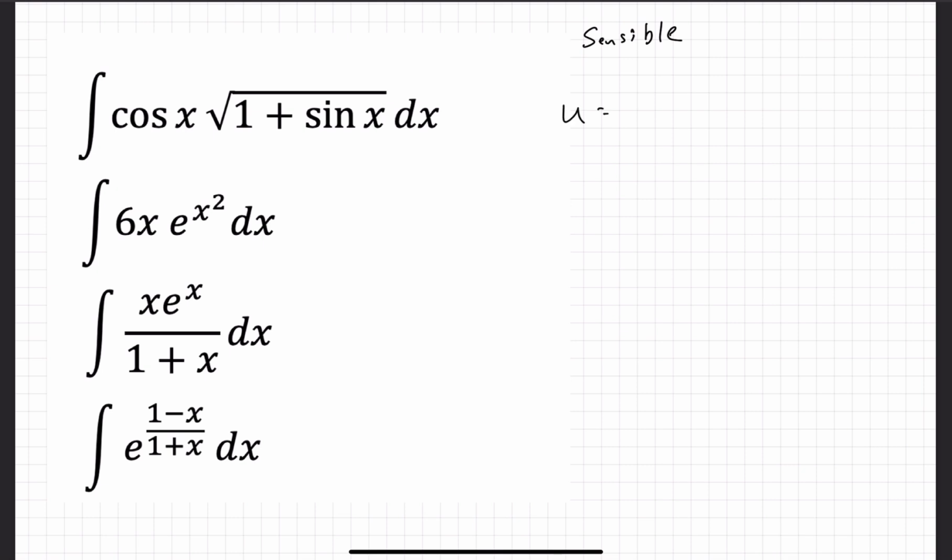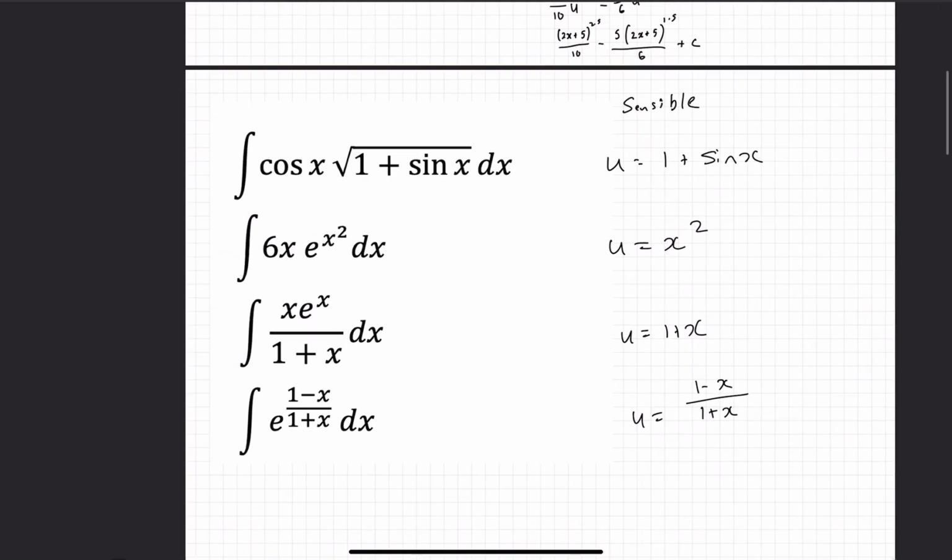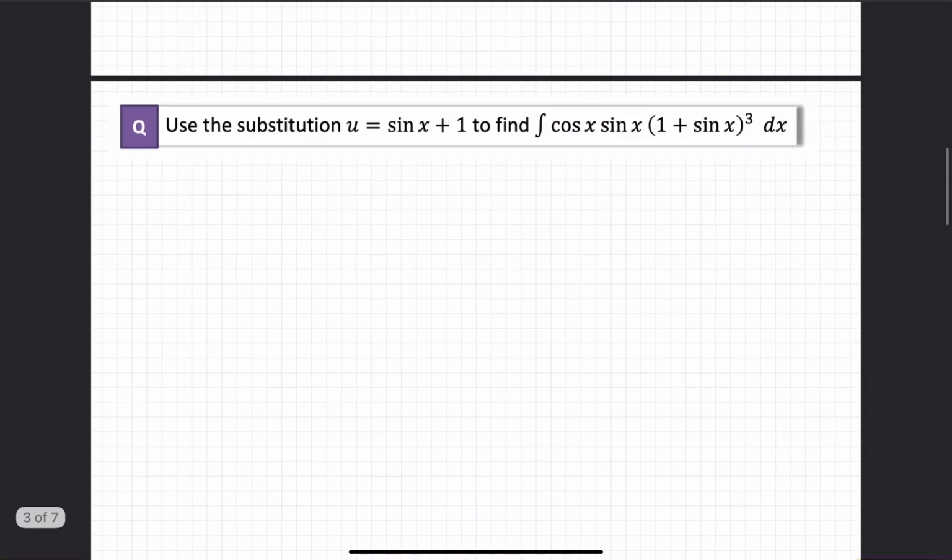So I'll make U whatever is under my square root. Here, I'm going to make U dx squared, because I can get root of U and U here. Here, I'm going to do U is 1 plus x. And here, we're going to do U equals the whole power. Lovely. But yeah, that's really just for STEP stuff, so nothing really to worry about there.